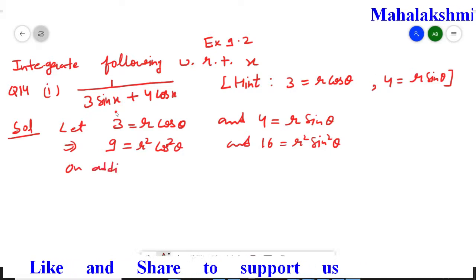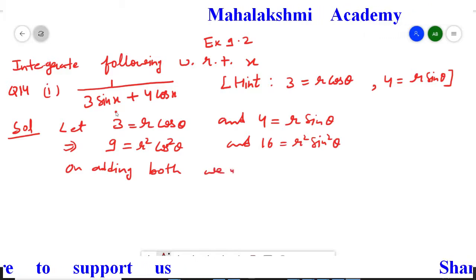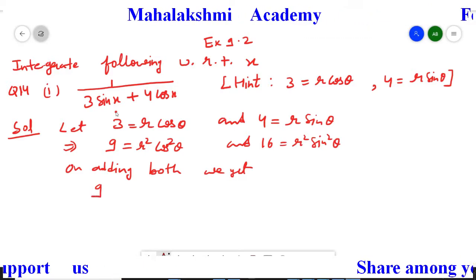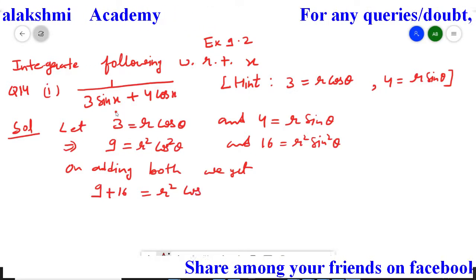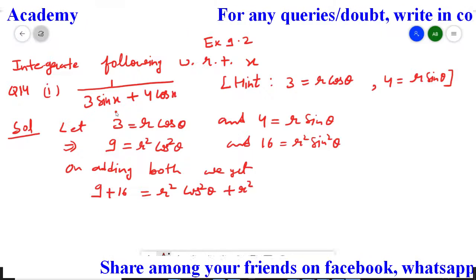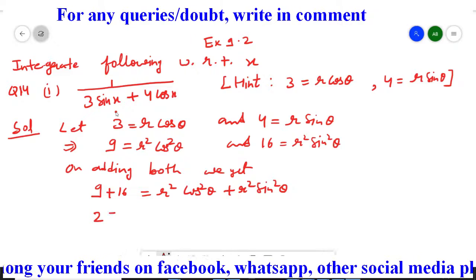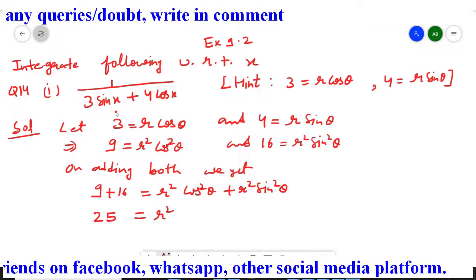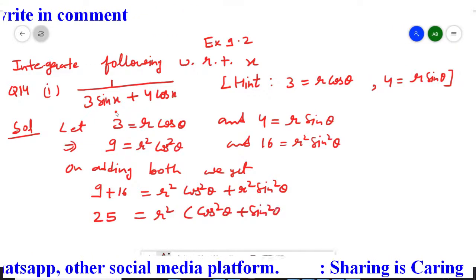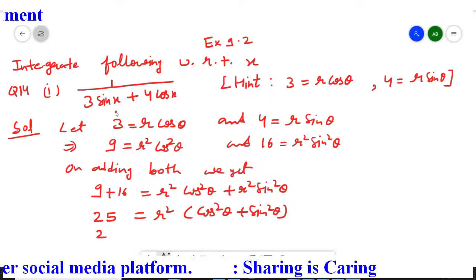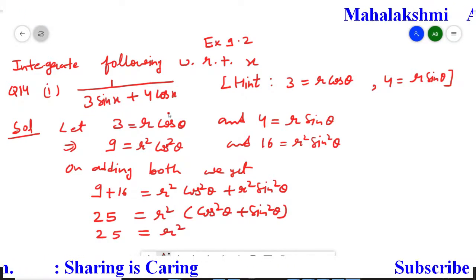On adding both, we get 9 plus 16 is equal to r square cos square theta plus r square sin square theta. So 9 plus 16 is 25 is equal to r square, just take common. You are remaining with cos square theta plus sin square theta, and you all know cos square theta plus sin square theta is 1. So from here we get r square.